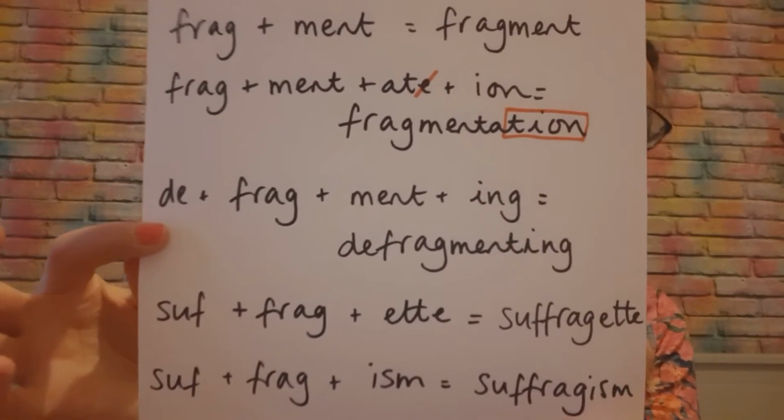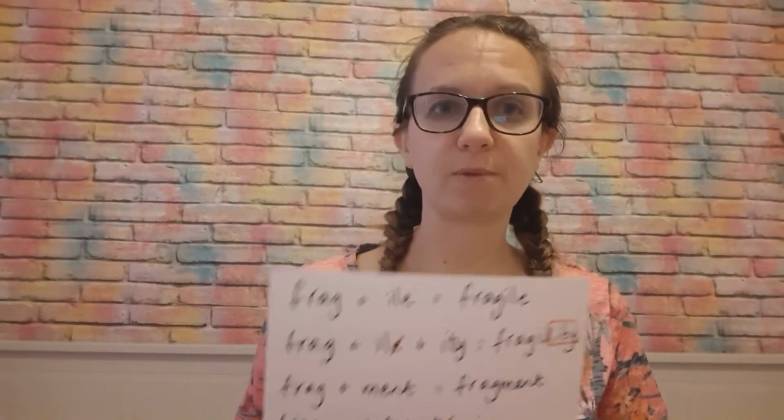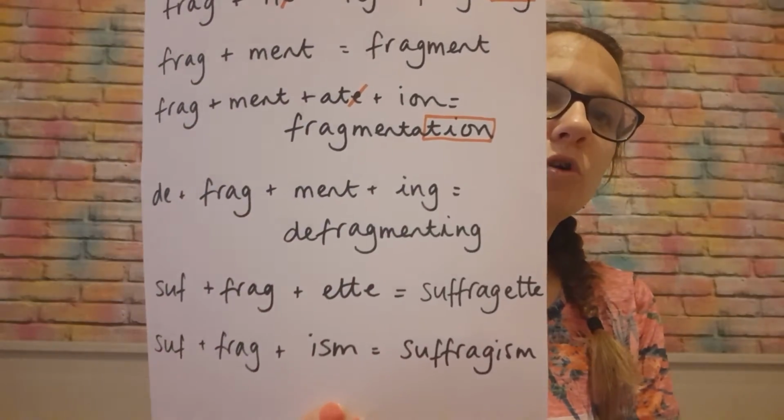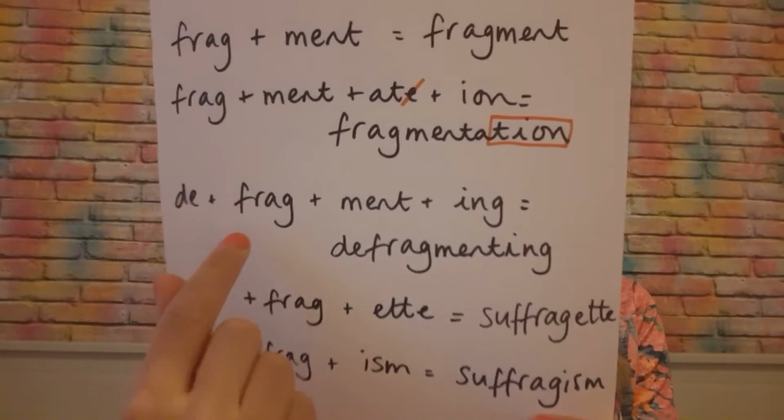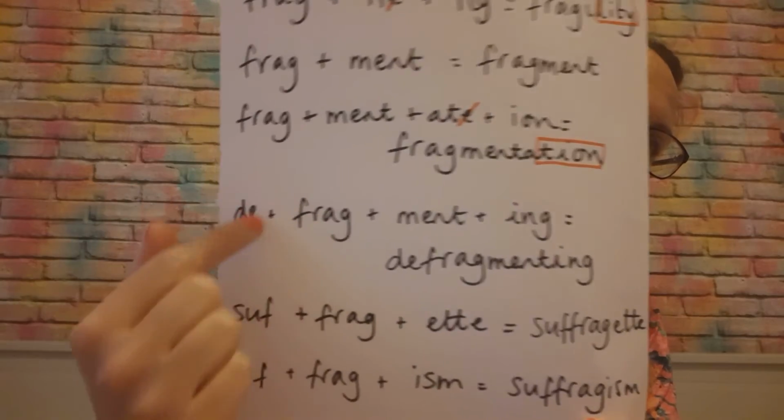This one, defragmenting. You might also hear that sometimes called defragging, which is short for defragmenting. Have a think about what that might mean using your knowledge of fragmenting and what the prefix de means. Explain to somebody or have a think at home.